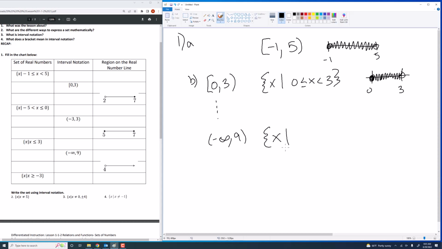So that's everything less than 9, so x is going to be less than 9, because it has everything smaller than it. And I can't include 9, so that's why there's no equal to sign. And so now, arrow this way, since it's going to -infinity, it's going to stop at 9, and that's all being shaded.